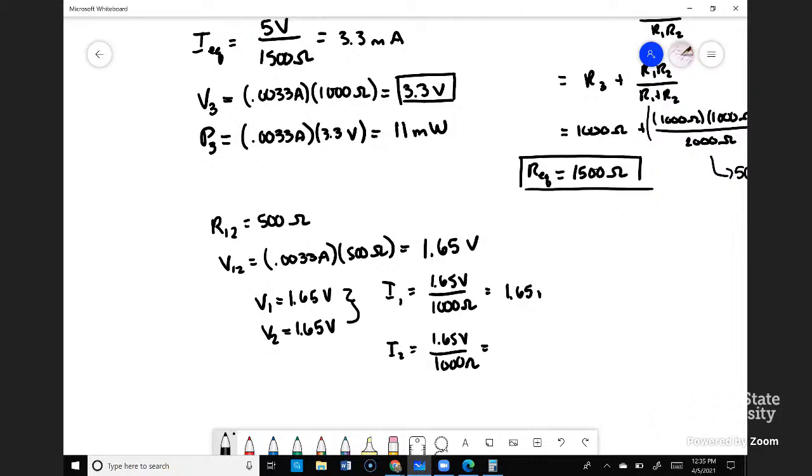There's 1.65 milliamps in the top and 1.65 milliamps in the bottom, which means that the power dissipated through the top is equal to the power dissipated through the bottom bulb, which is 0.00165 amps multiplied by 1.65 volts. Same thing down here.